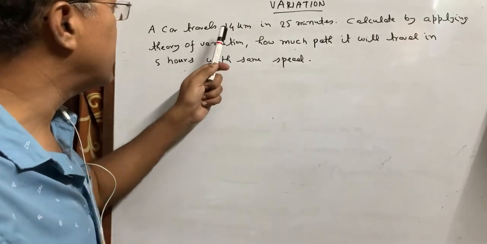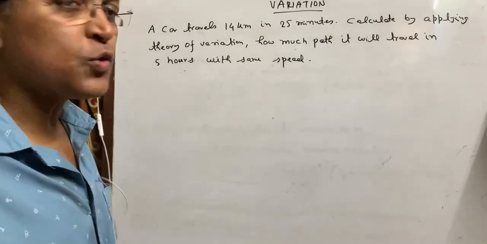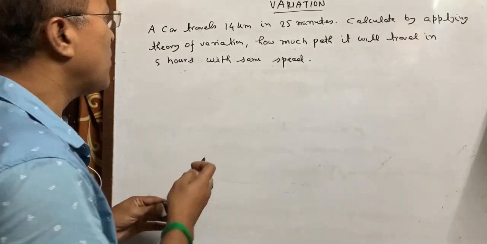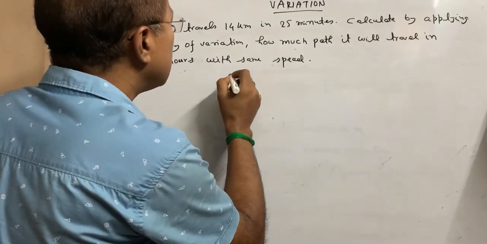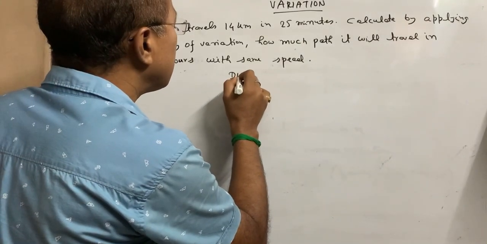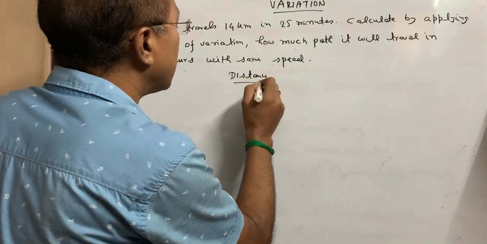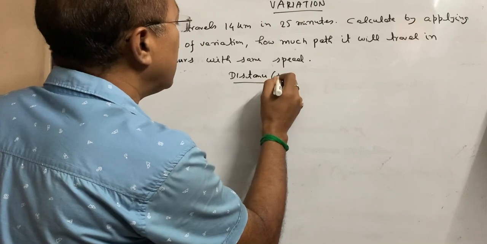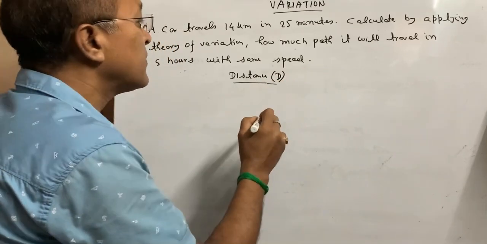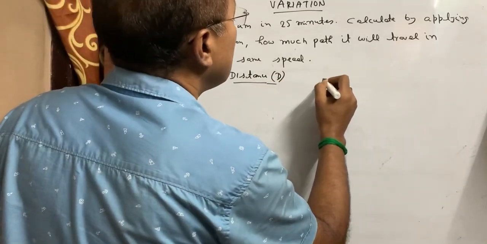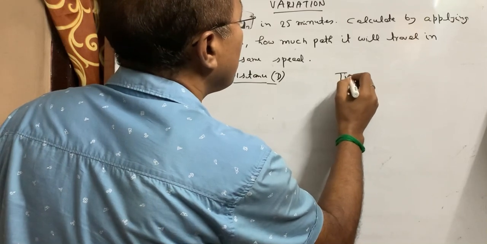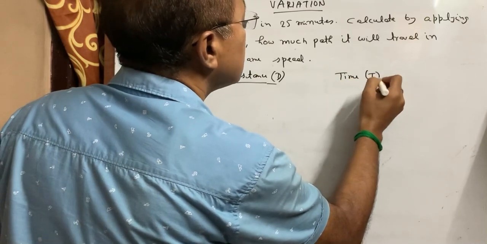A car travels 14 km in 25 minutes. So one is distance, say d, another is time, say t.